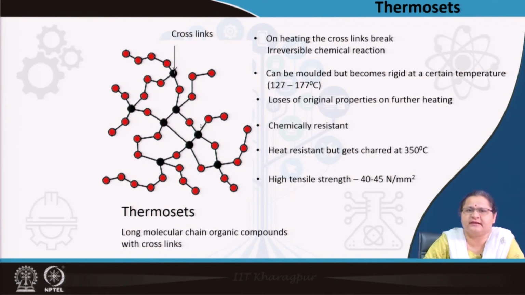These dissociate at a little higher temperature and they become rigid. So, these have higher tensile strength, but they are brittle in nature and they get charred at around 350 degree centigrade temperature. They are chemically resistant.